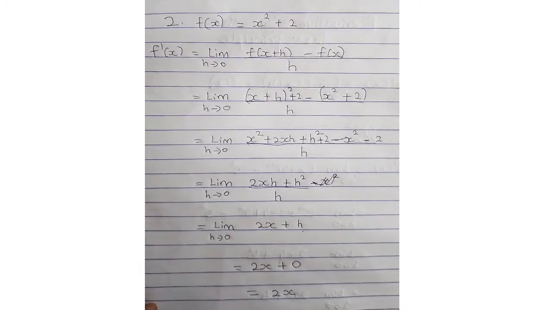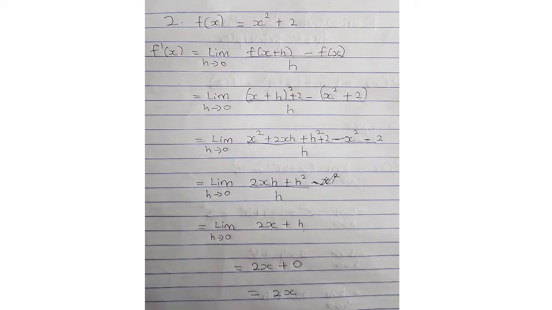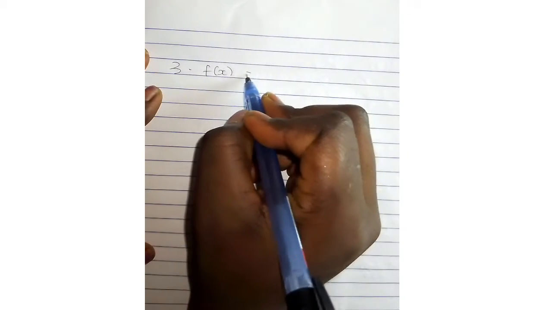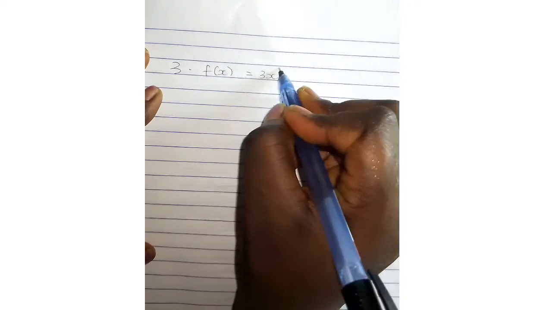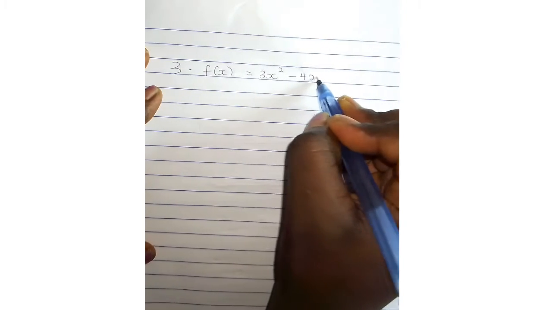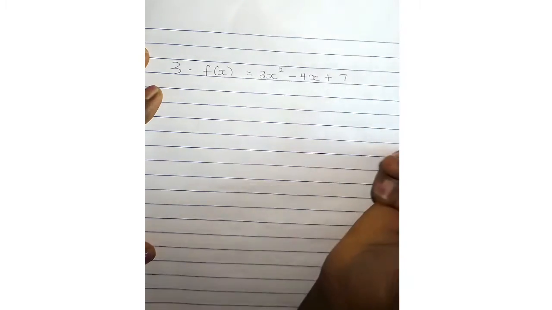2x. So here's another example under the first principle. Given a function f of x, which is equal to 3x squared minus 4x plus 7.